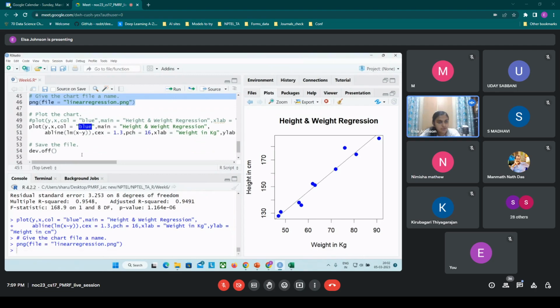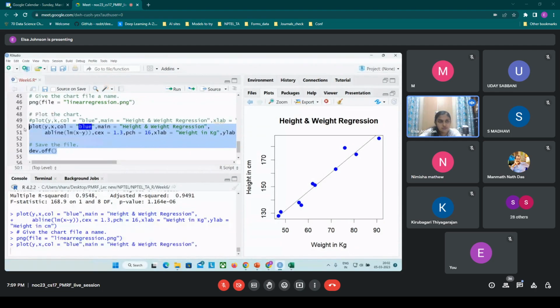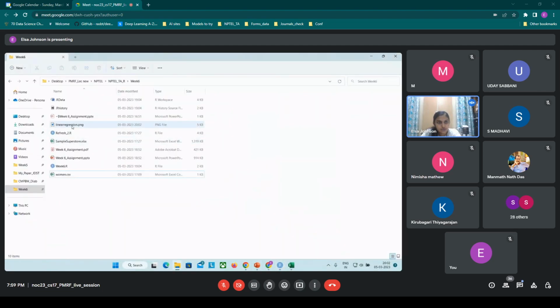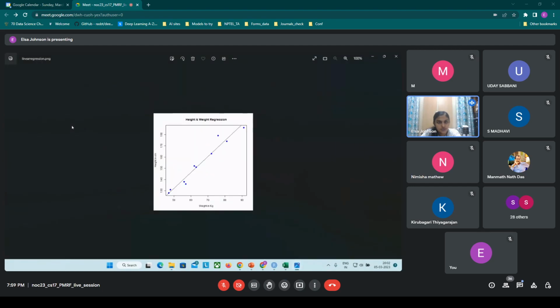Now you will be plotting the figure and then saving. If you do that, you can come back and it will show the height and weight regression, weight in kg, height in centimeter. This is how you can save an image.